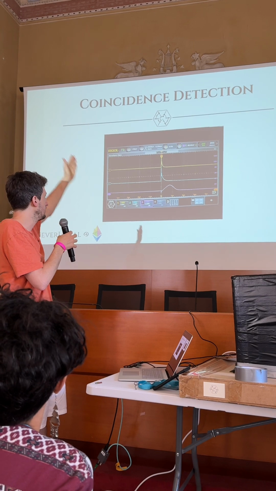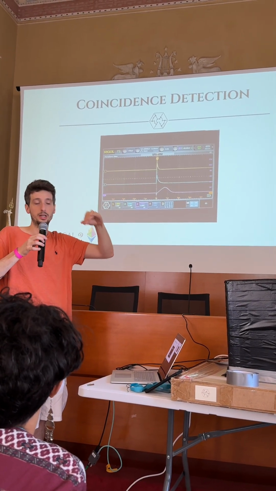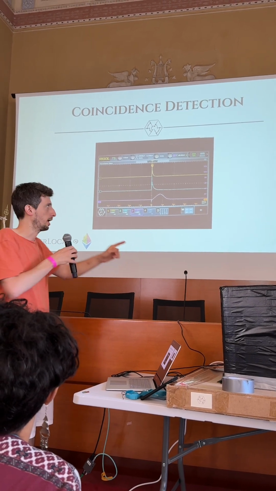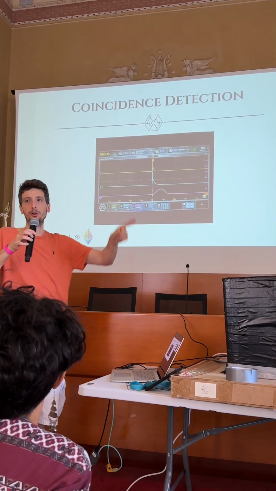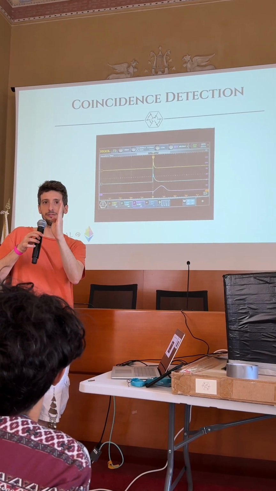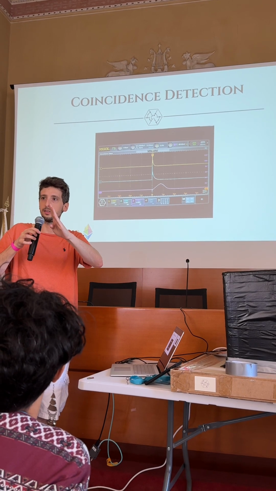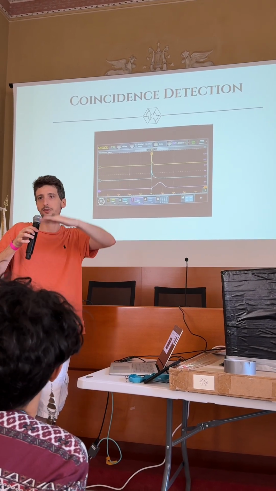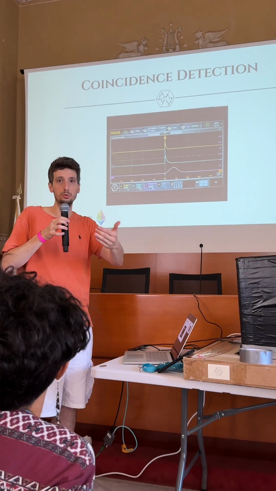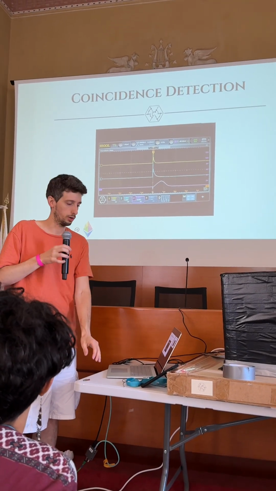They translate these very short peaks, which would be too short for the microcontroller to reliably detect anyway, into a longer pulse, but one that only comes if they are sufficiently well timed. If they differ by even 20 nanoseconds, the pulse doesn't come. It just gets lower very quickly. And so this allows us in hardware to detect coincidences before we pass them to the microcontroller.